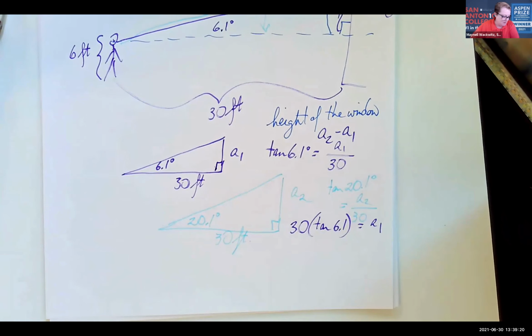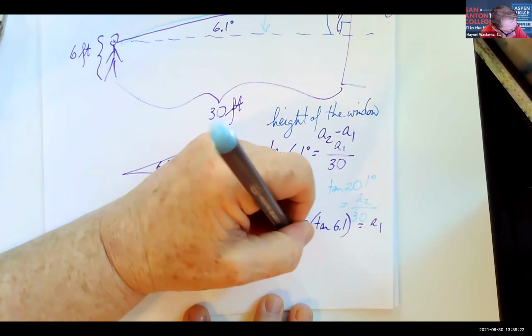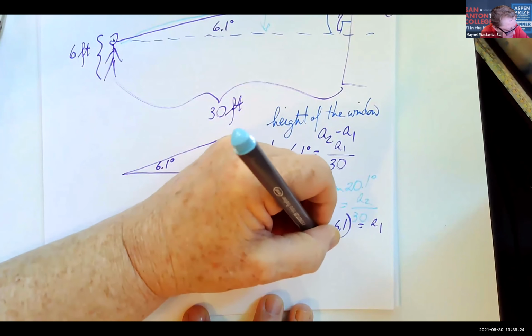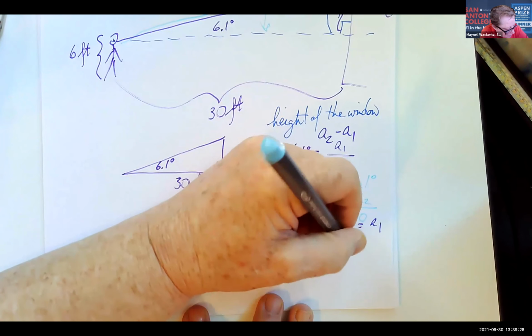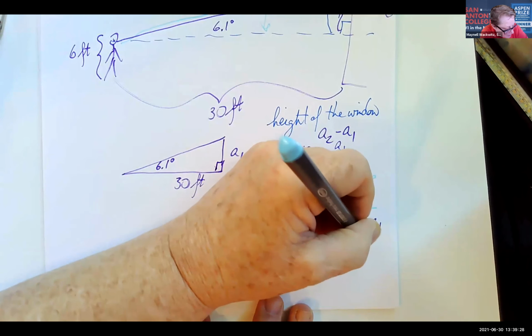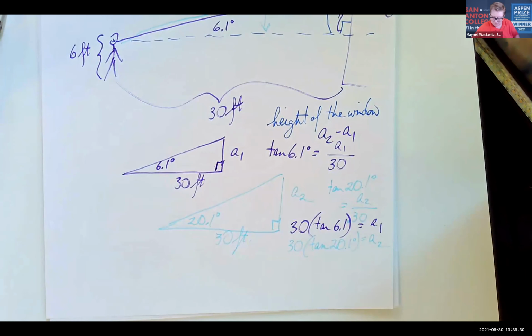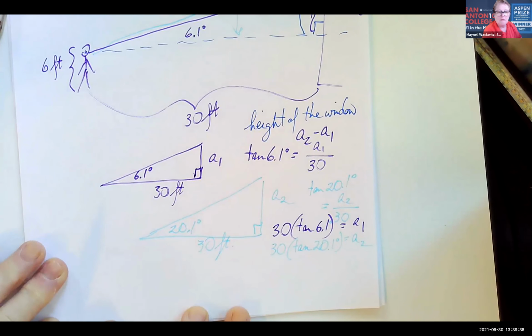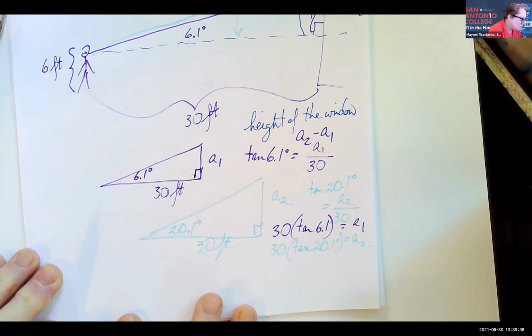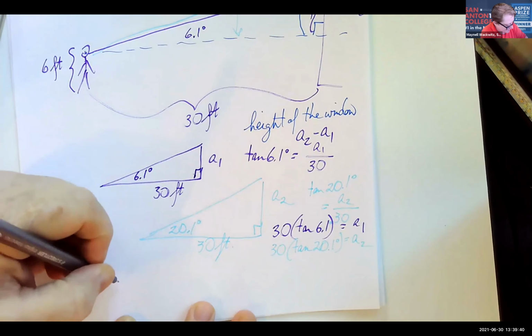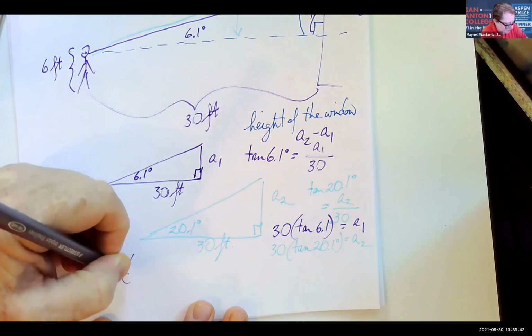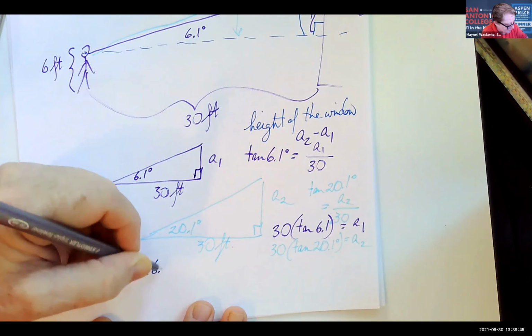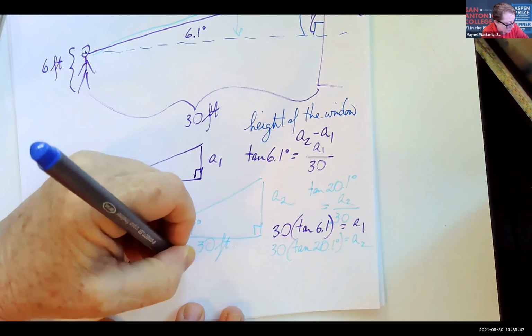And 30 times the tangent of 20.1. That'll give us A2. So somebody find 30 times the tangent of 6.1. 3.2. So 30 times tangent of 6.1 degrees is approximately 3.2 feet.